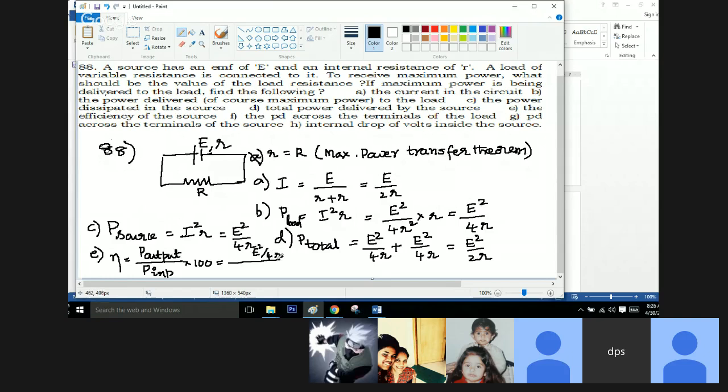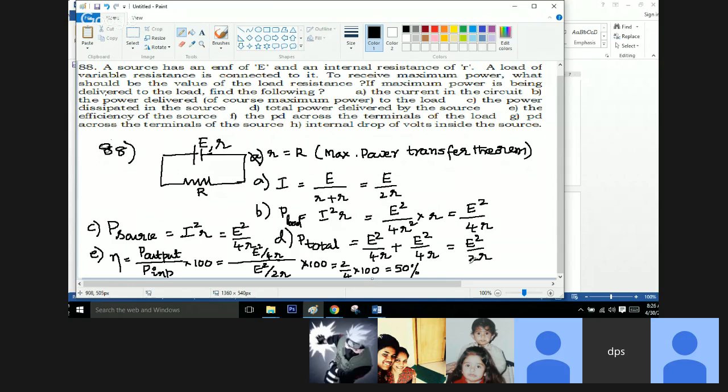What is the total input power given by the source? E square by 2r. It is into 100. If you want to express that as a percentage, it is coming to 2 by 4 of 100. The answer should be 50%, my dear. 50%.